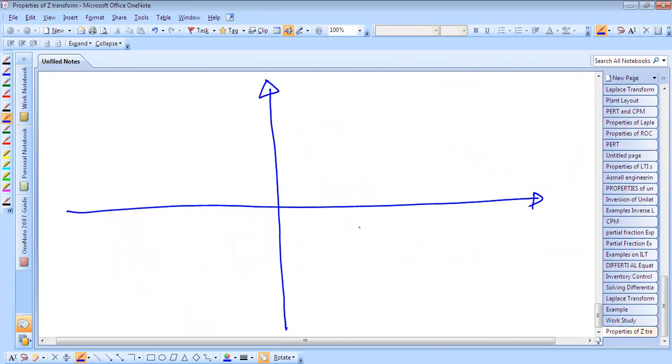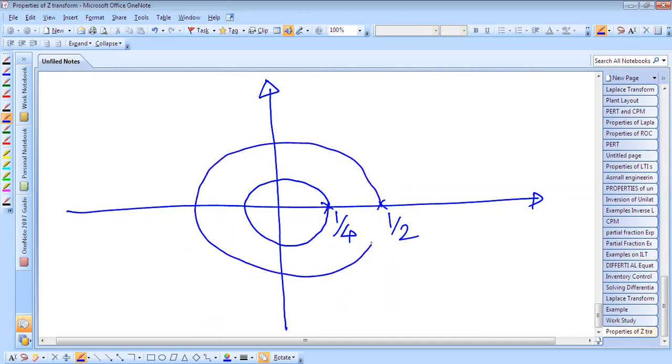The second function has poles at 1 by 4 and at half, so here the ROC is greater than half.